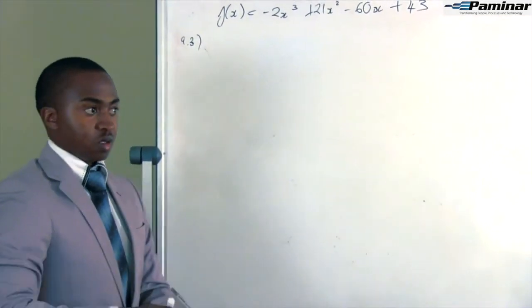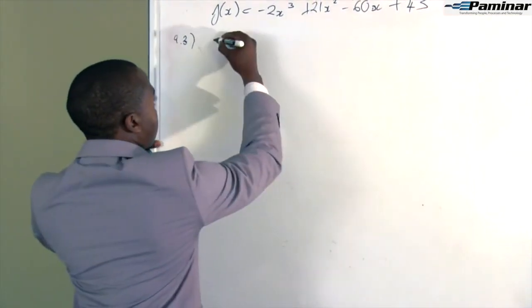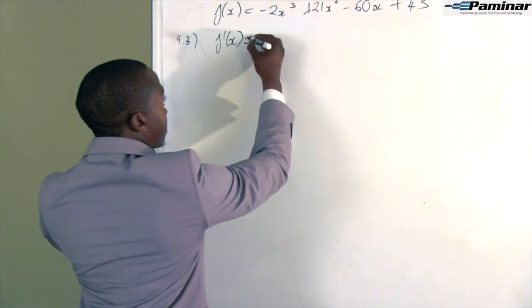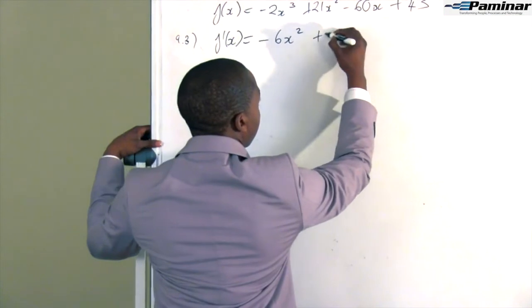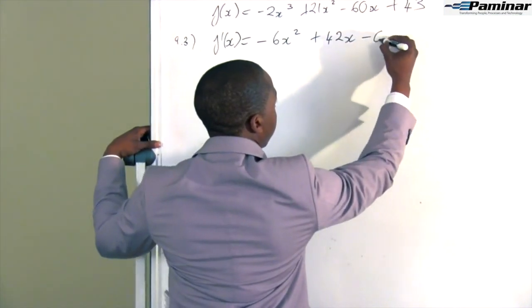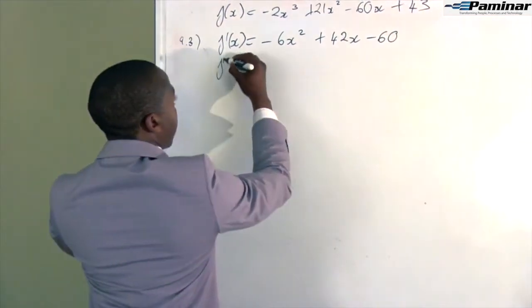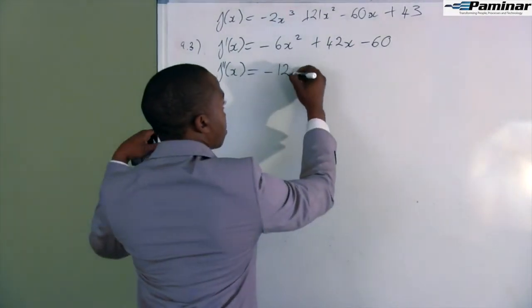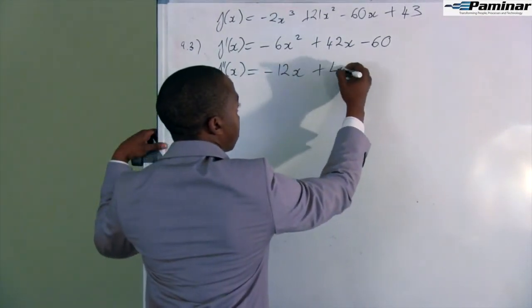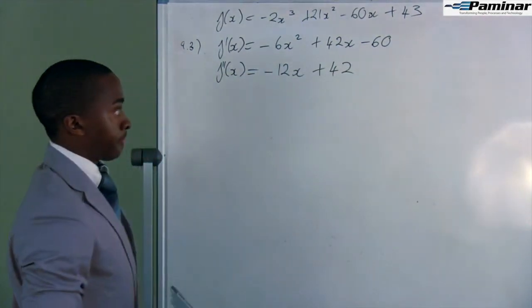So you first find your first derivative, which is minus 6x squared plus 42x minus 60. Then you find the second derivative, which is minus 12x plus 42.